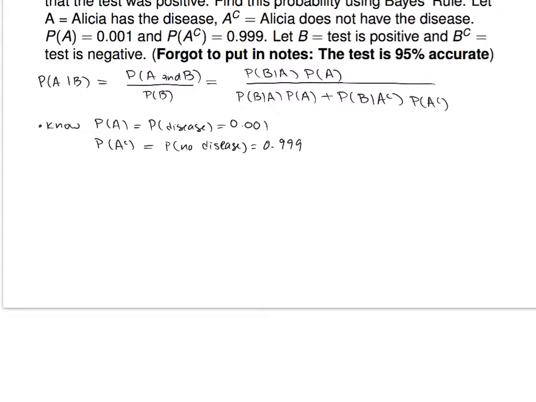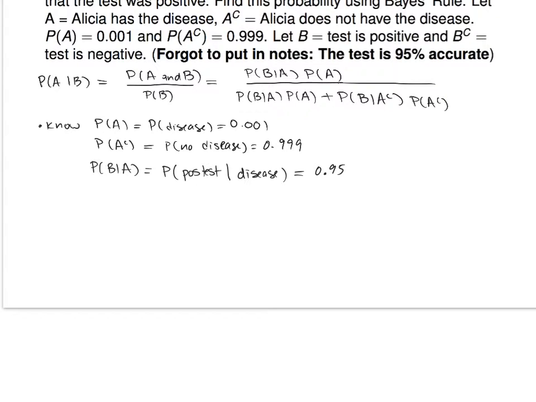Now, if you're going to plug stuff into this, you need to know this B given A thing, right? Okay, so P of B given A. That's the probability of B, a positive test, given you have the disease. Because A is having the disease, right? Okay. So if your test is 95% accurate, what's the chance you're going to have a positive test if you have the disease? 0.95.